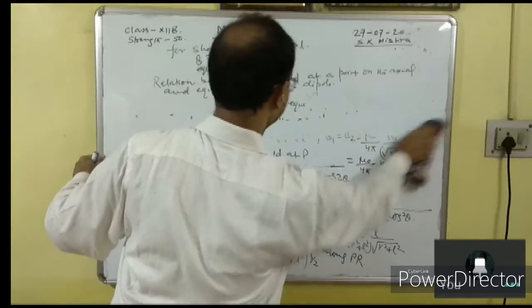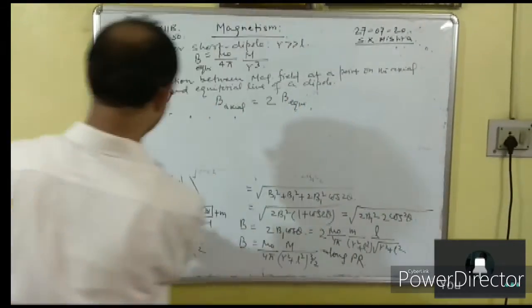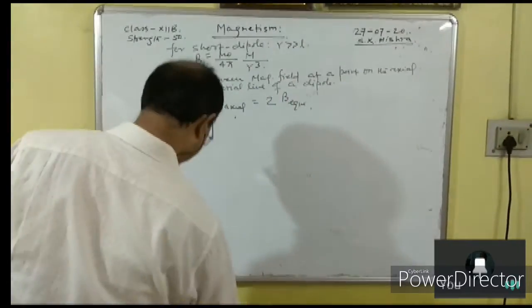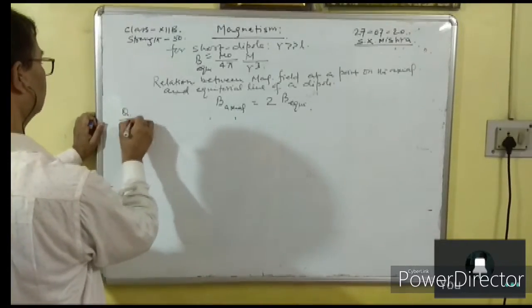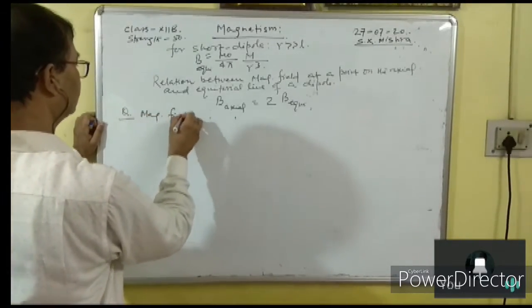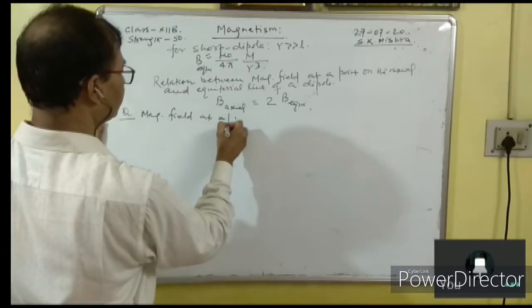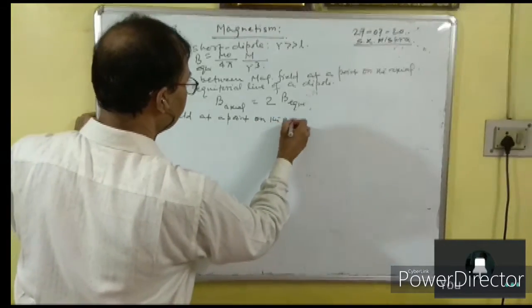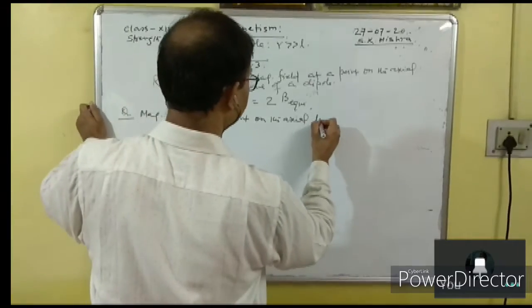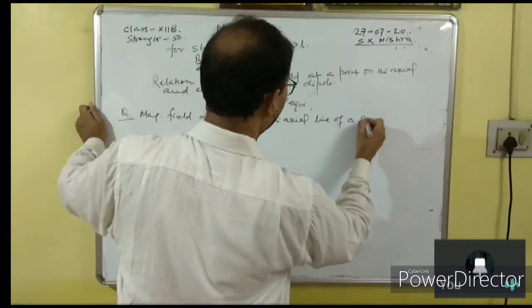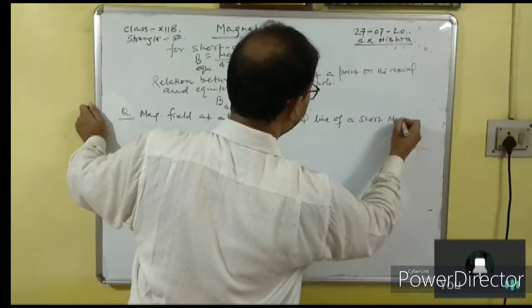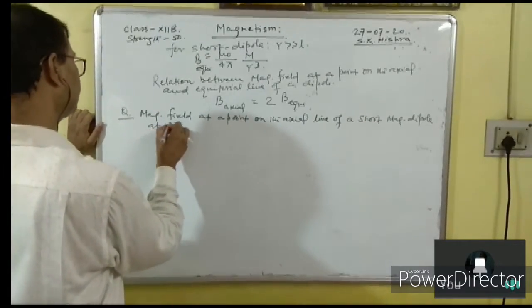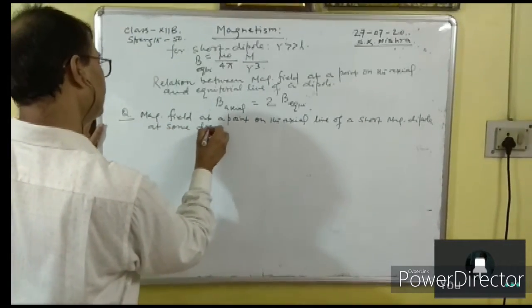The magnetic dipole moment is from south to north, and the net field at P is along the line PR, along the angle bisector of 2 theta.